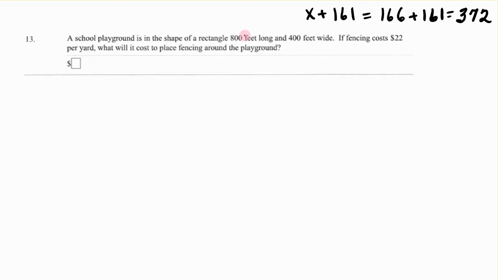We can do that. All right, it's a rectangle, and it is 800 feet by 400 feet. If I'm going to put fencing around it, I need to know its perimeter.